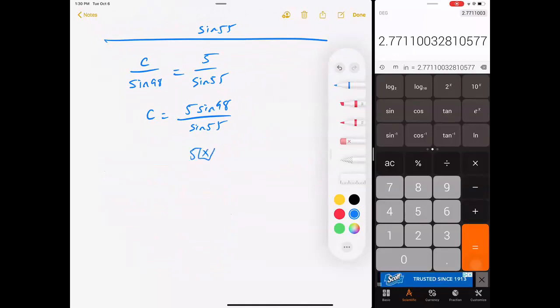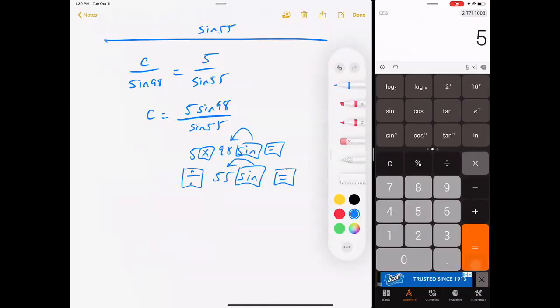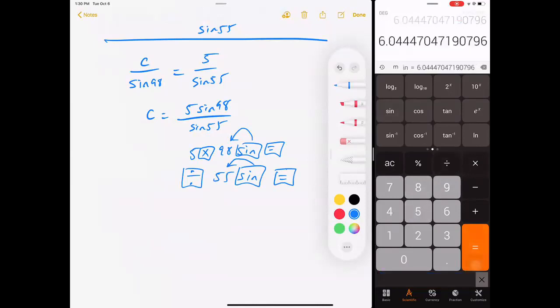5 times 98 sine, because we're taking the sine of 98, equals, then divided by 55 sine. Once you hit sine, you'll take the sine of 55. Then make sure you hit equals at the end. 5 times 98 sine equals divided by 55 sine equals.